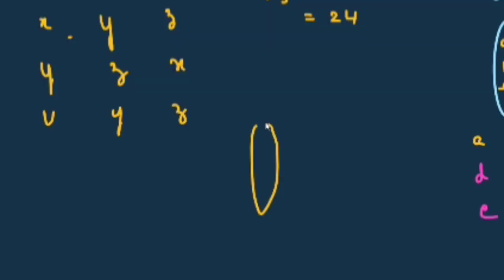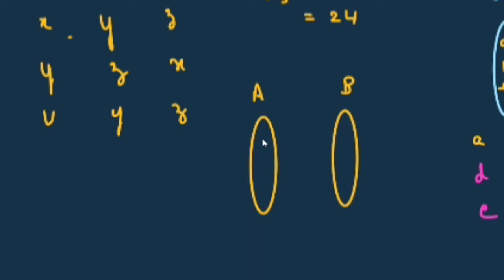Suppose set A has 3 elements and B has only 2. One goes here, 2 goes here, and what about 3? That means it is not even a function. You cannot put 3 here or here, because it becomes a many-to-one function, not a one-to-one function.